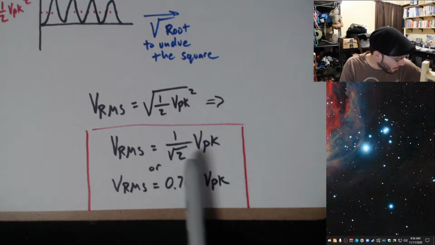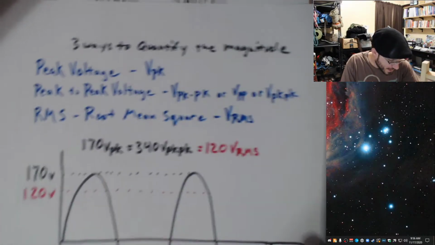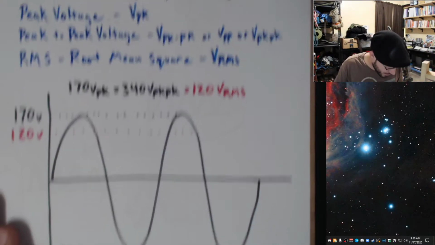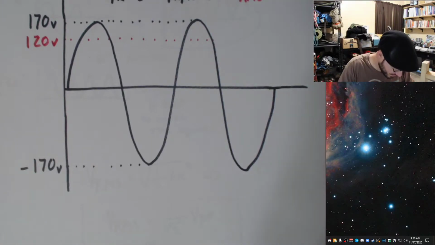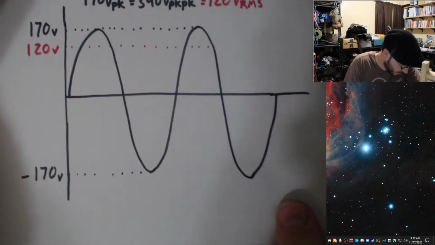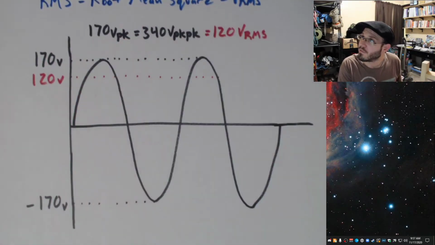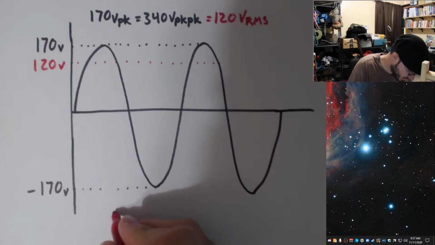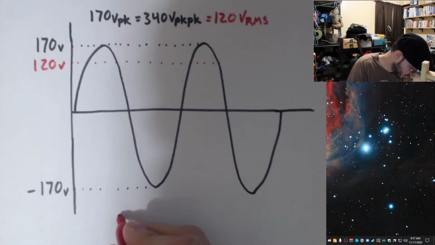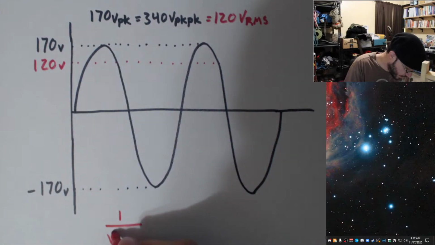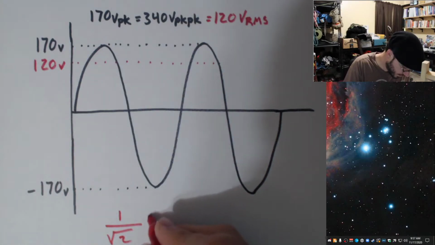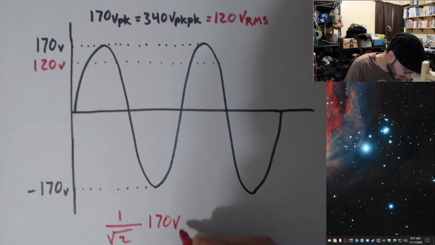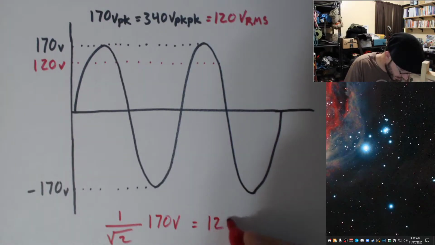So now if we go back over to, and I see that somebody already typed it in chat, awesome. For our peak voltage of 170, one over root 2 of 170 volts equals 120 volts RMS.